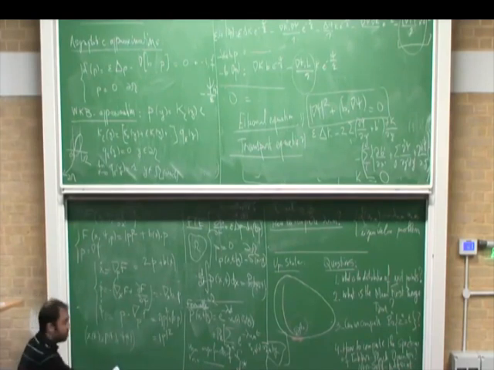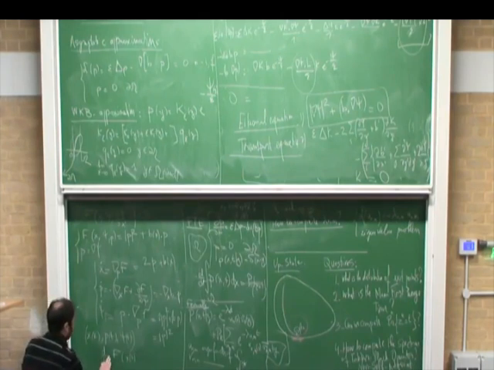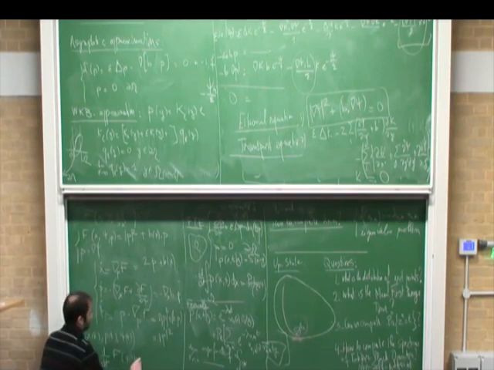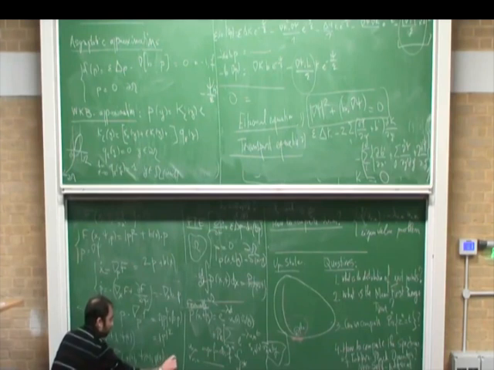So this is deterministic. So what do you have along the characteristics? If you differentiate f of psi of t and p of t, this is equal to 0.